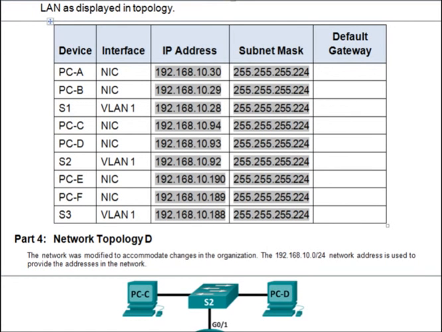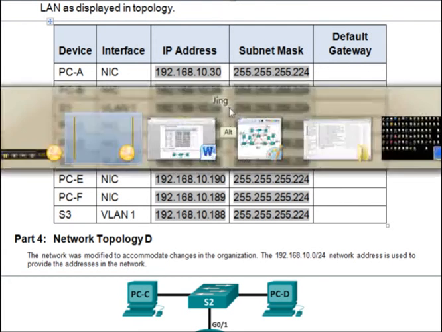Let's take a look at the very last part, the default gateway for each subnet. In this case, how do we define what we call the default gateway? What exactly is our default gateway? We can see it better by looking at our network diagram.